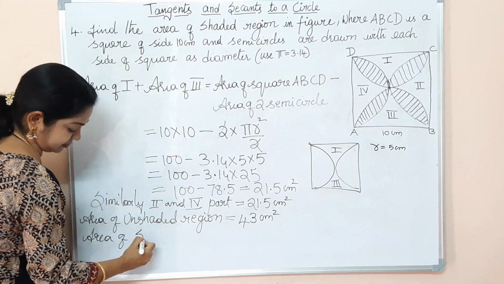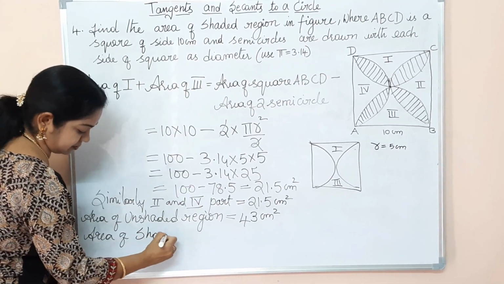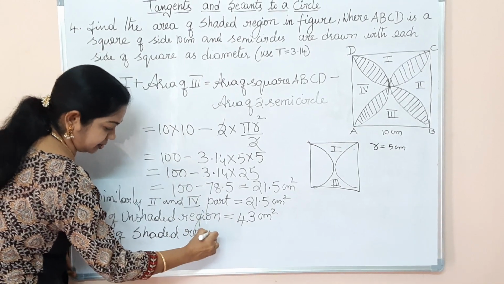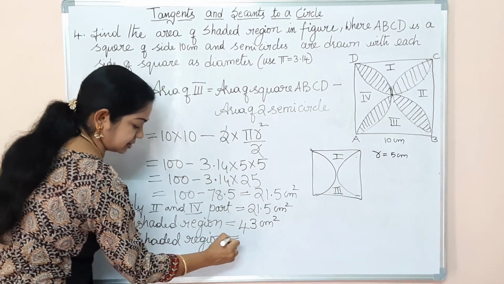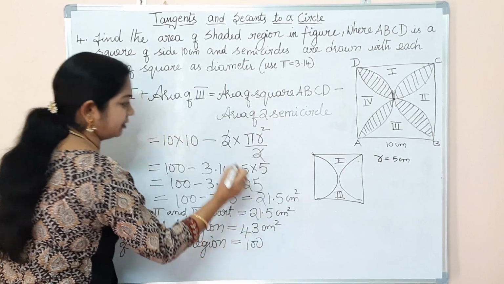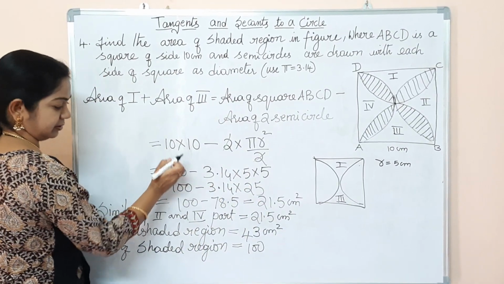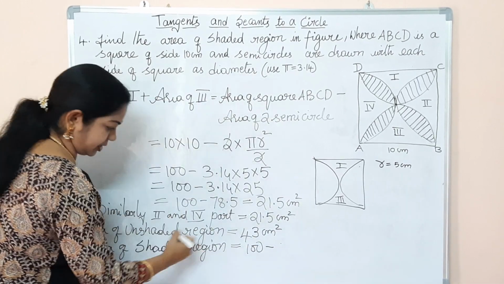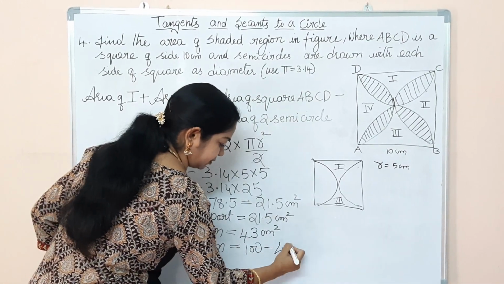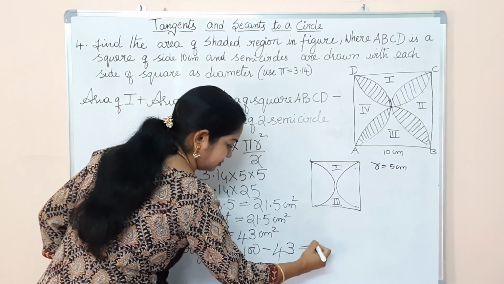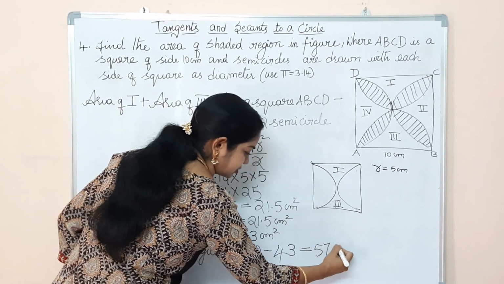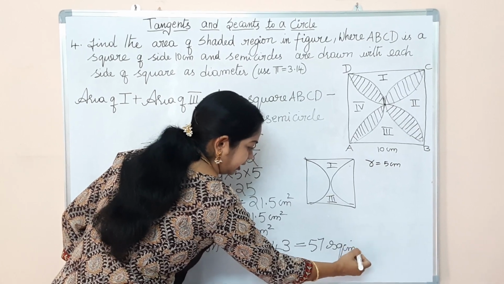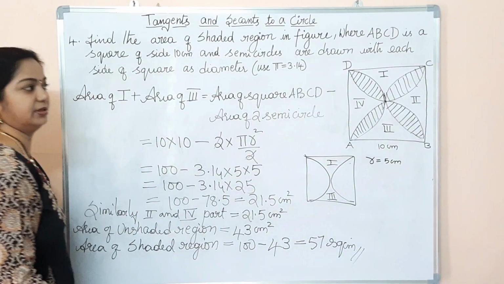Shaded region in the question. Area of the shaded region is equal to simply area of the square, which we found out here, minus the unshaded part. 43 comes to 57 square centimeters. So this is the area of the shaded part.